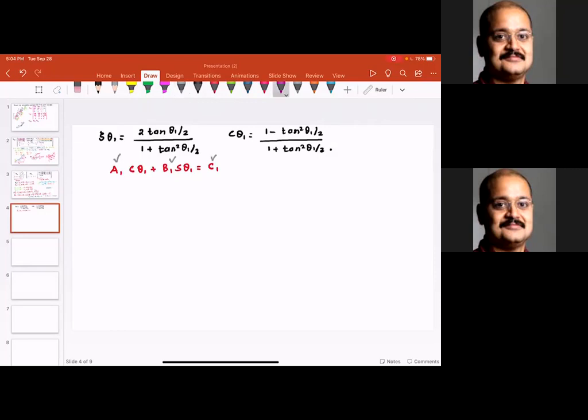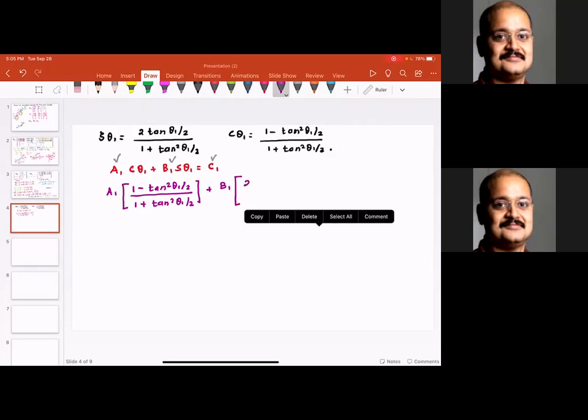So what I'm going to do is make these substitutions: a1 times (1 minus tan square theta 1 by 2) divided by (1 plus tan square theta 1 by 2), plus b1 times 2 tan theta 1 by 2 divided by (1 plus tan square theta 1 by 2), is equal to c1.